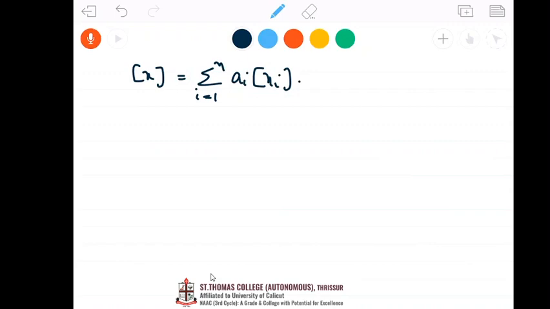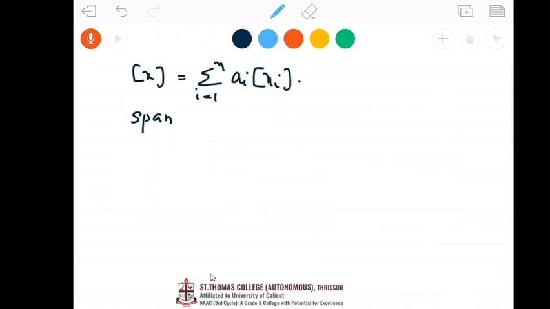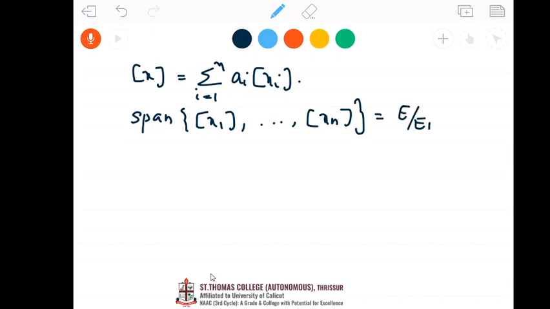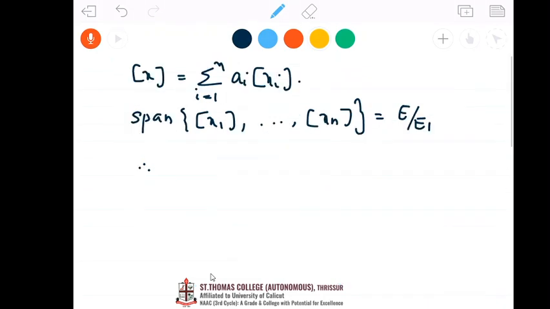That means any element of E over E1 can be expressed as a linear combination of class x1, class x2, etc., class xn. So the span of the cosets of x1, etc., xn is the entire E over E1. Okay, thus we can say that here they are linearly independent, and now we have that it spans E over E1.